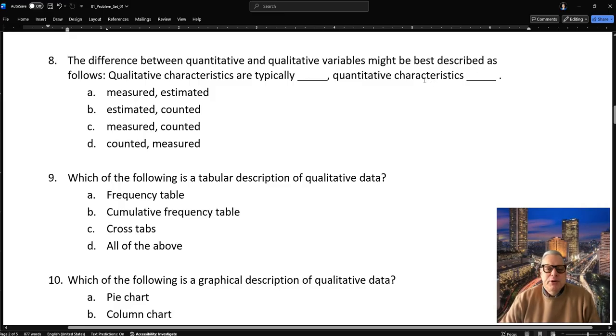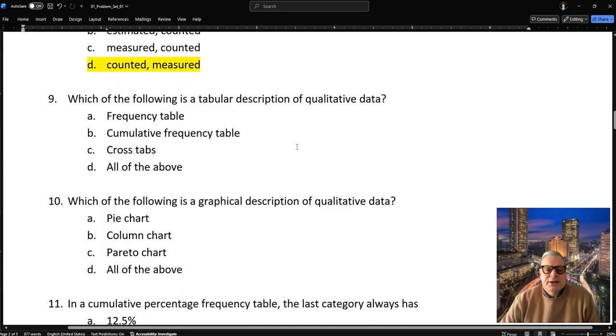So for example, you measure the height, you measure the temperature, but you count how many smileys were there, or how many people have blue eyes or brown eyes or green eyes. So qualitative characteristics are typically counted, and quantitative characteristics are measured.